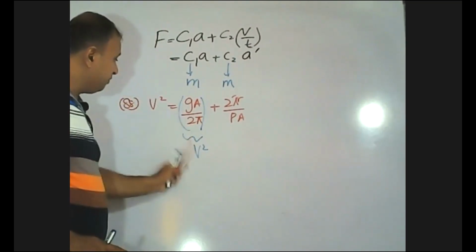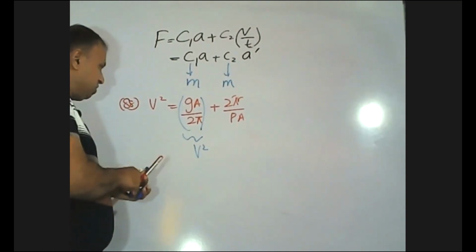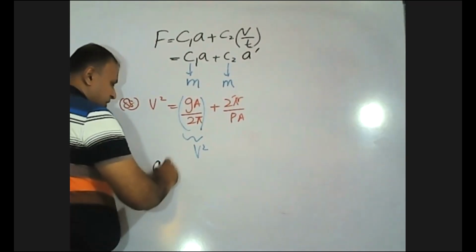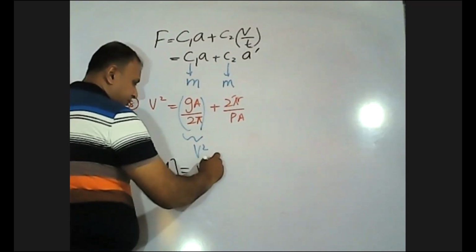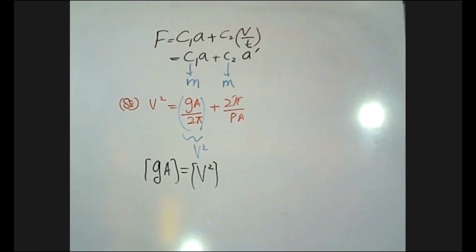That means V squared should be equal to GA. Therefore, the dimension of GA should be equal to V squared. I have to find A, no?